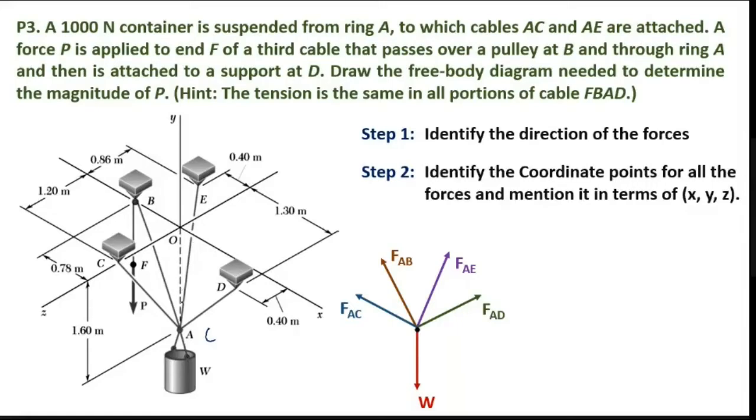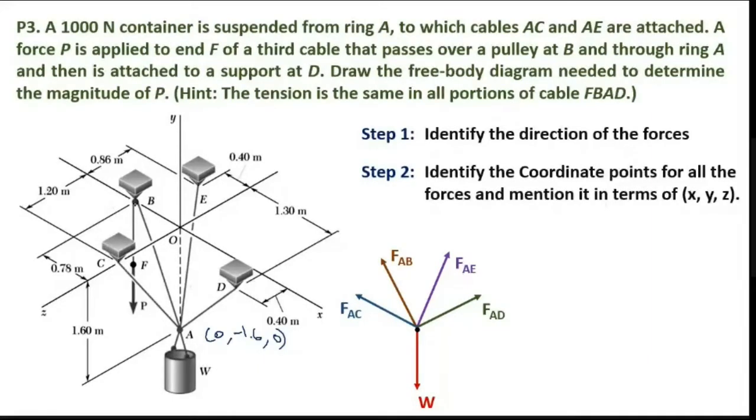There is a dot here, which indicates that it is straight on the origin. So X is 0. You have only the Y-axis, with a dimension of 1.6, so minus 1.6, and Z is 0. This is my coordinate point for A.